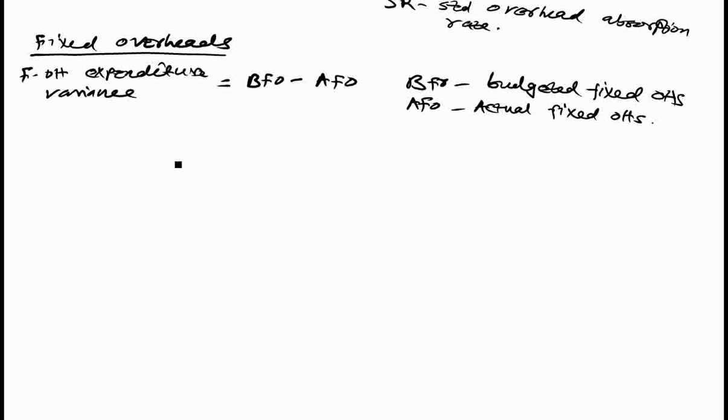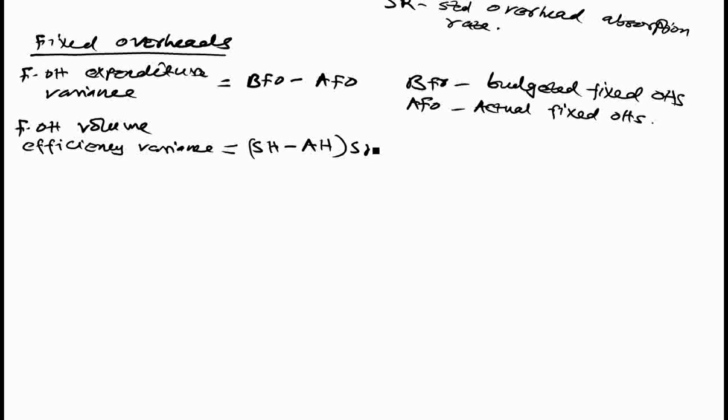Good. Next is fixed overhead volume efficiency variance. You remember we said that the efficiency variances are the same: standard hours minus actual hours into standard rate.